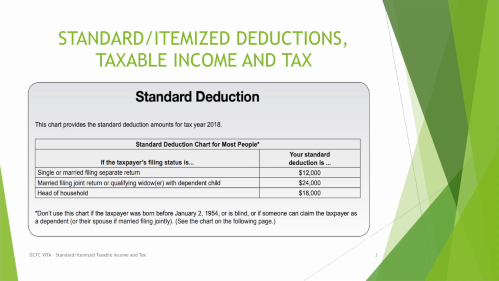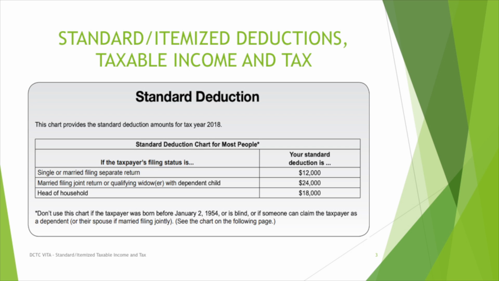If we look at the chart, it represents the standard deduction. Use this chart for the standard deduction amounts for 2018. If the taxpayer's filing status is single or married filing separate return, their standard deduction is $12,000.